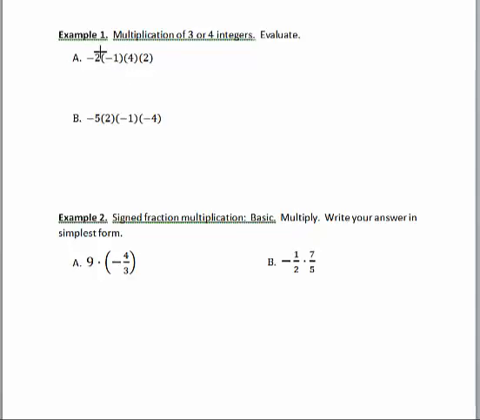Okay, we simply have a 2 times a 1 times a 4 times a 2. If we multiplied these numbers ignoring the signs, we would get 4 times 2 is 8 times 2 is 16. Okay, but we want to make sure we have the correct sign of the 16.